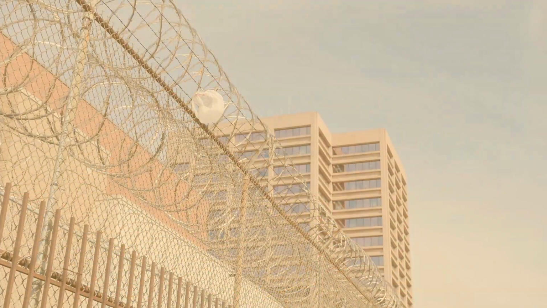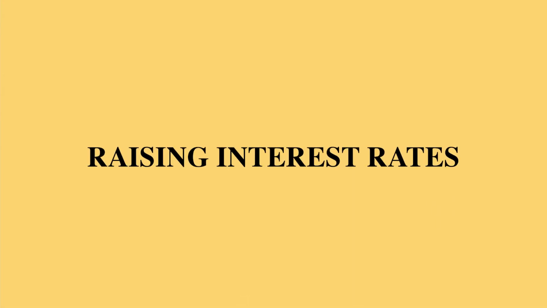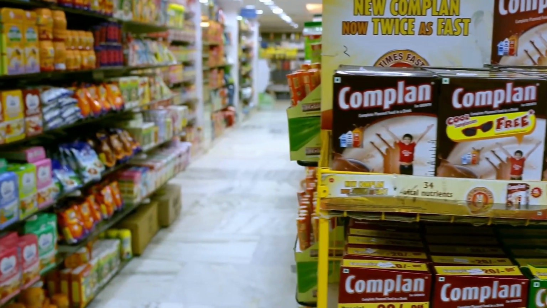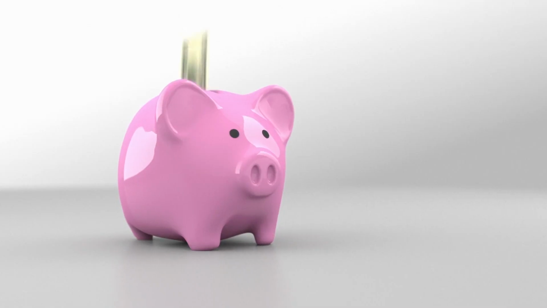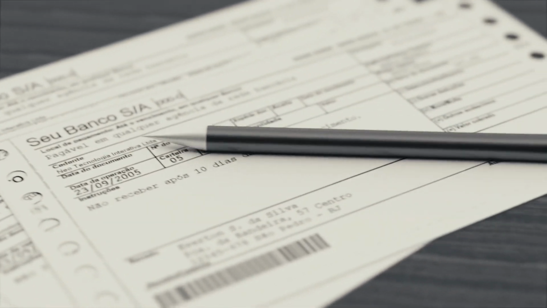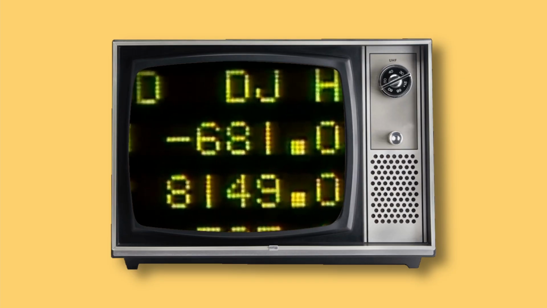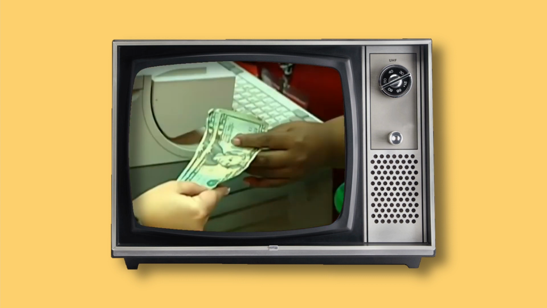These policies usually include raising interest rates, lowering government spending, or raising taxes. This can reduce overall spending and shift consumer priorities to saving money and paying off debts, which can cause a recession or bust. The 1990-1992 recession in the UK was a bust that followed a boom in the late 1980s.